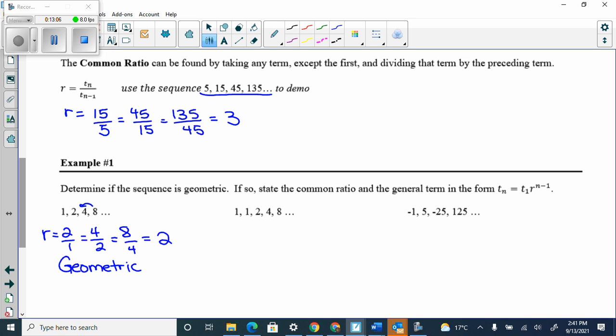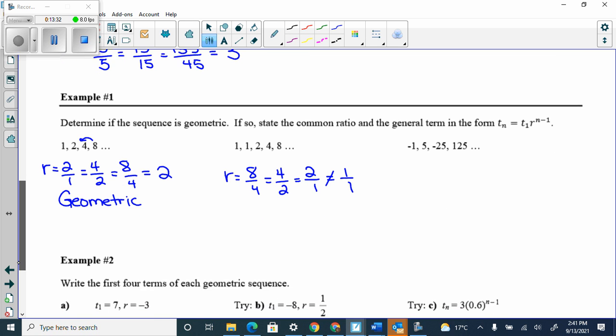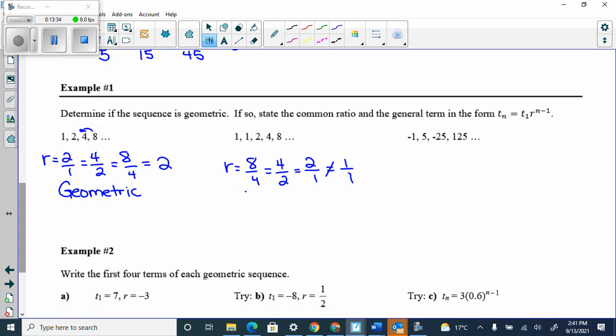What about the next one? Is it geometric? Kind of looks like it is. 8 divided by 4, 2. 4 divided by 2, 2. 2 divided by 1, 2. 1 divided by 1, nope. So it's not geometric.